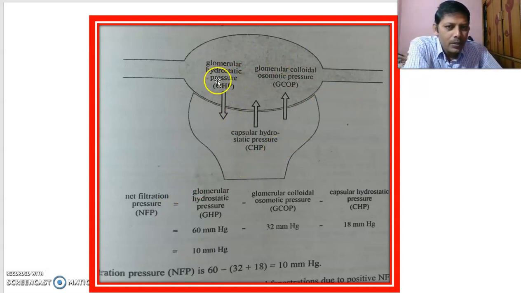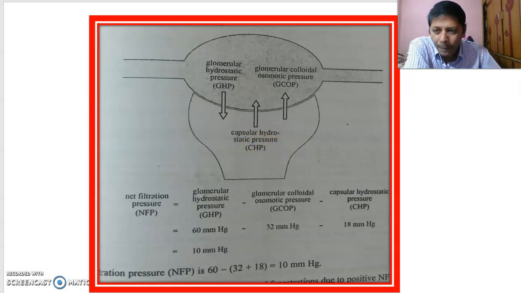The pressures are 60, 32 and 18. Adding 32 plus 18 gives 50, and 60 is greater than that. That's why some water and solutes are filtered into this part. That is called glomerular filtrate, ultrafiltrate, primary urine or renal fluid.